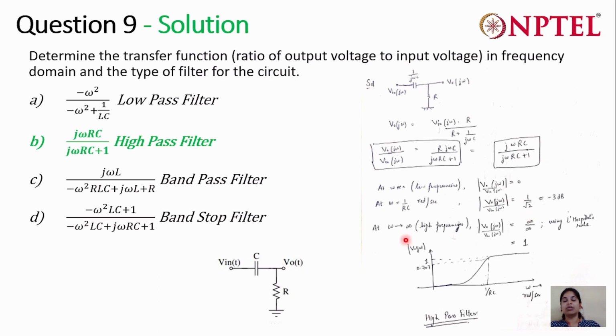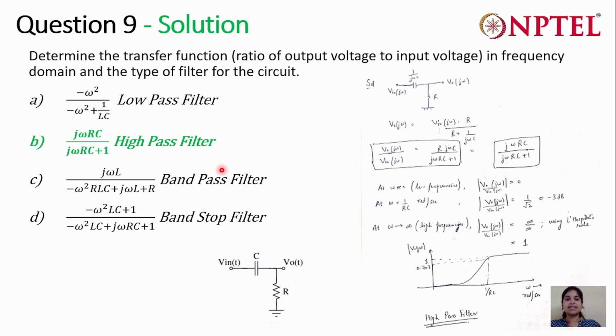For higher omega, when omega tends to infinity, if I apply L'Hopital rule, I am getting the value as 1. So the response of this filter is almost 0 for lower frequencies and just becomes 1 for higher frequencies. So this is a high pass filter.